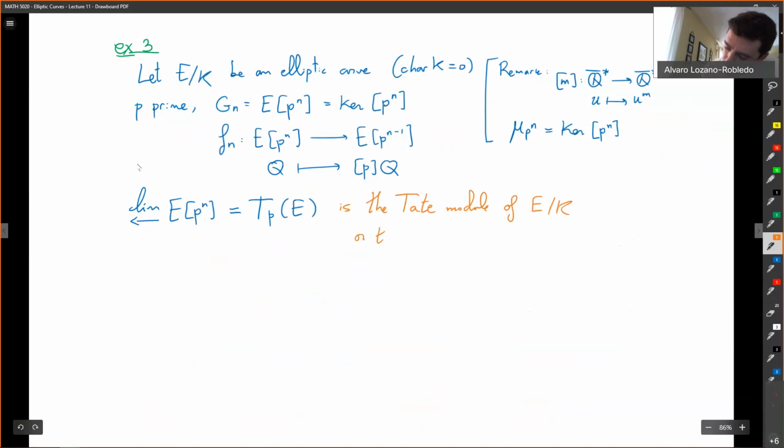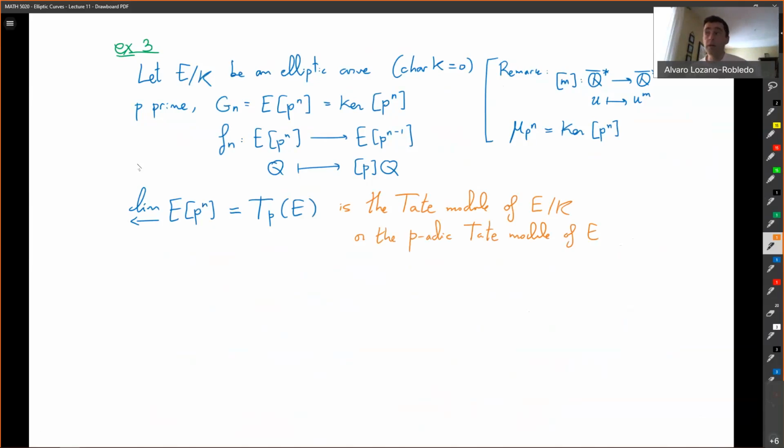Or the p-adic Tate module of E, to refer to the fact that we're doing it for p. Now, why am I calling it the p-adic Tate module?